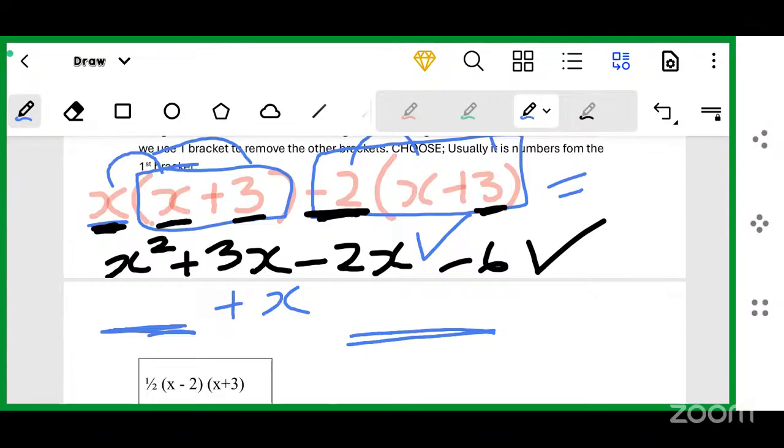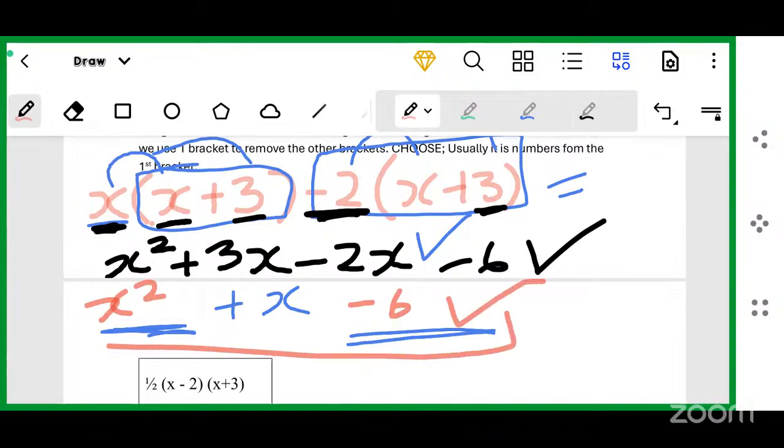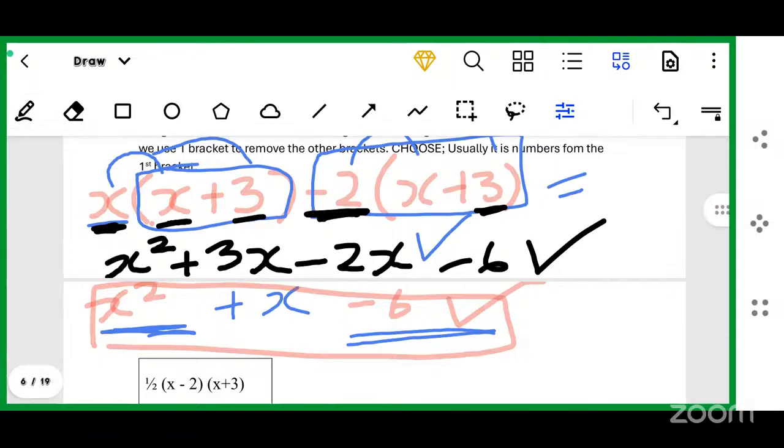On the left we have x to the power of 2, and on the right we have minus 6. -6, correct. So this is how you do it. I just wanted to pass by this part. Are you okay with this part? Yes, ma'am. Very sure.